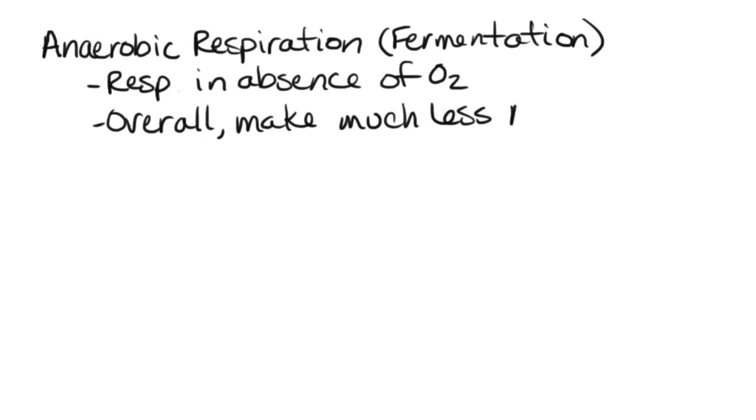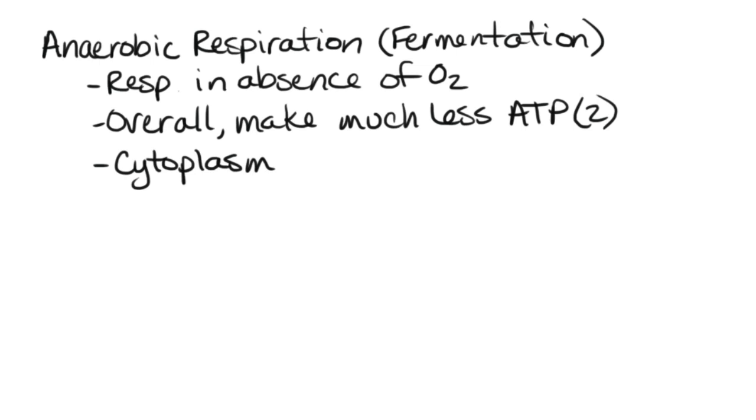In fact, in this case, we're only going to make 2 total ATPs when we start with 1 glucose and we break it down. Other things about anaerobic respiration, this is going to occur in the cytoplasm of the cell. So this will not involve the mitochondria at all.